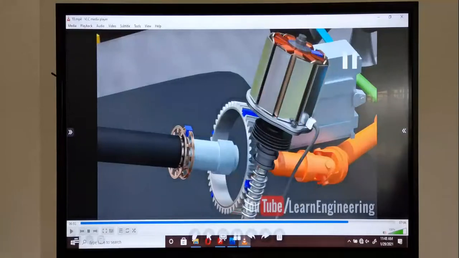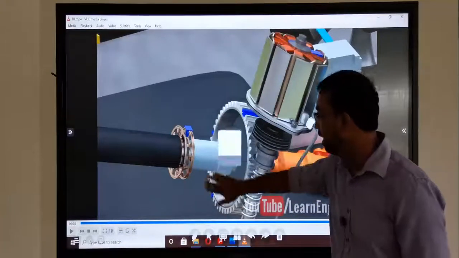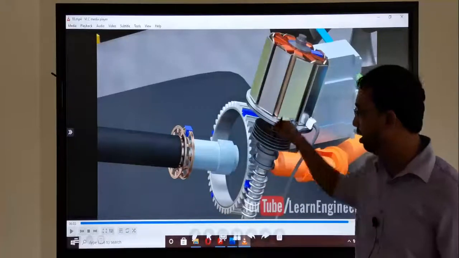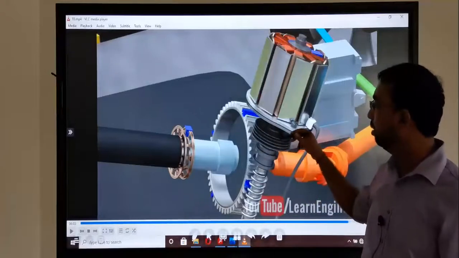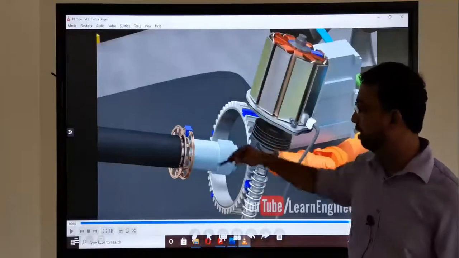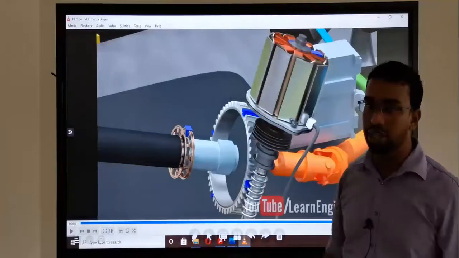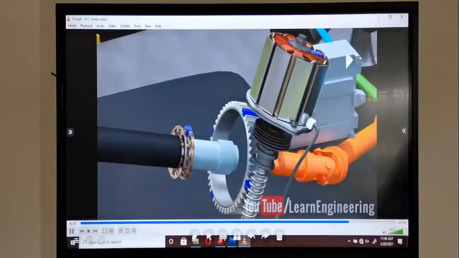Here, this steering shaft is not directly connected with this worm. If we directly connect this, when the power steering pump fails, this worm gear and this shaft cannot rotate. So what happened?